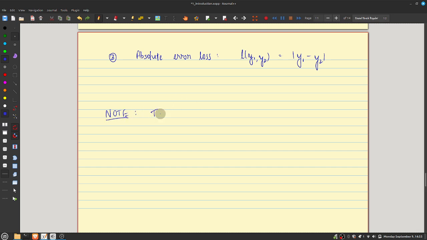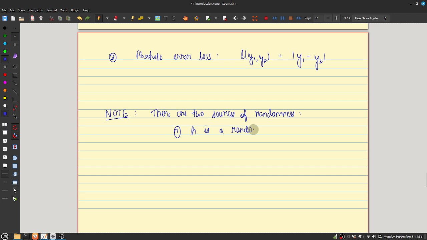The thing to keep in mind is that there are two sources of randomness. First, H is a random function in general, because it depends on the training set x1 y1 up to xn yn, because you choose H based on some rule.